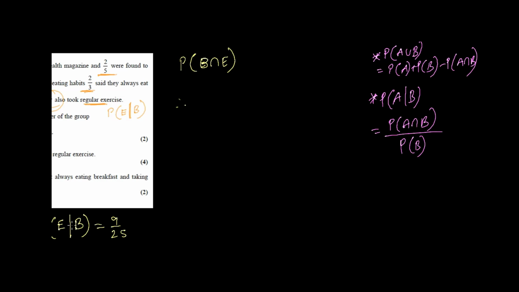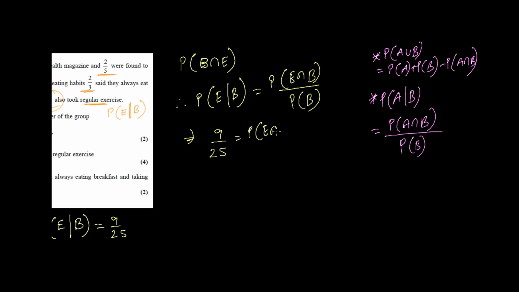Since in the information we know the probability of E conditional on B, the formula is probability of E intersection B divided by probability of B. Probability of E intersection B and B intersection E is the same thing. Probability of E conditional B is 9/25.